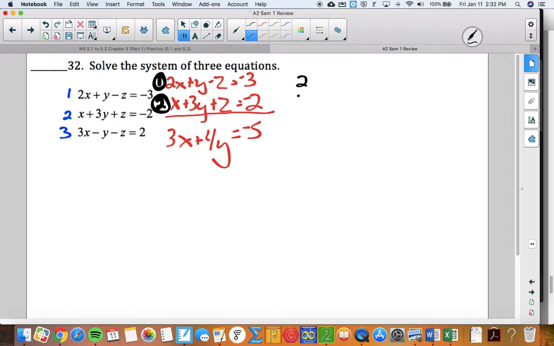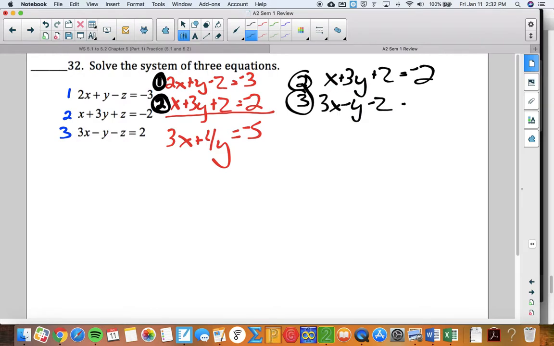You're going to have to repeat one of the other 2 equations, either 1 or 2. It makes the most sense to use equation number 2, so the z's cancel out very easily. So here I get 4x plus 2y, z's cancel out, equals 0.